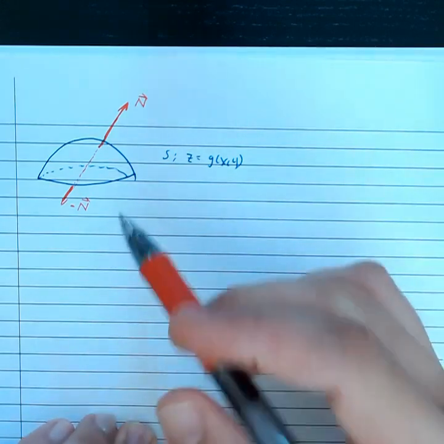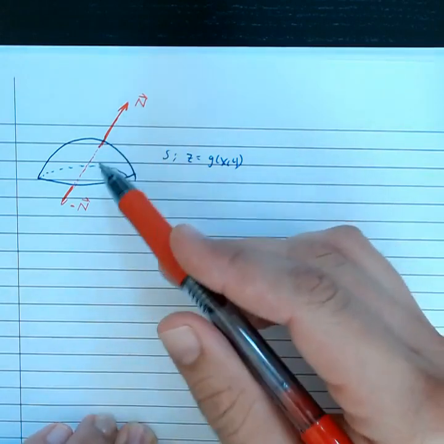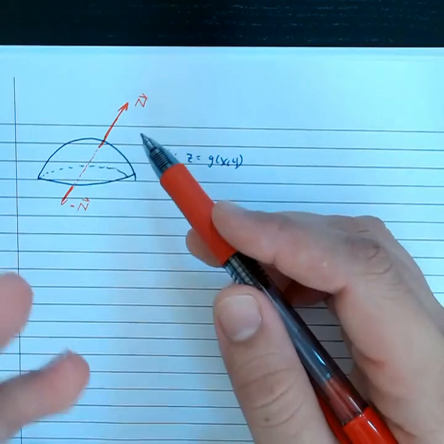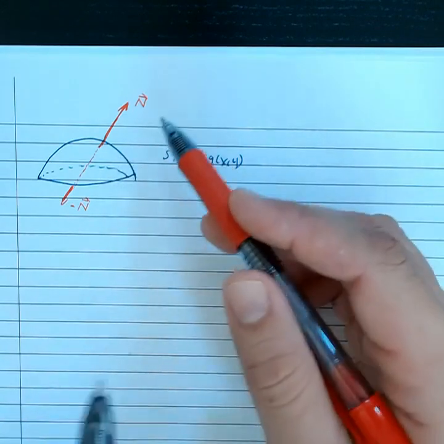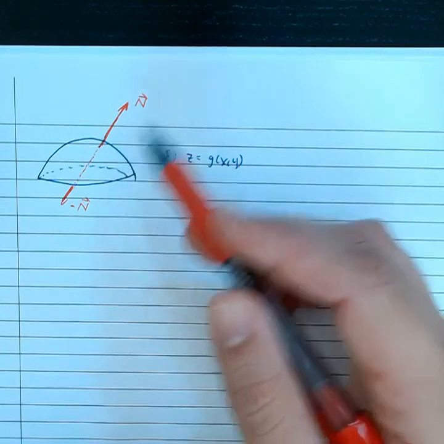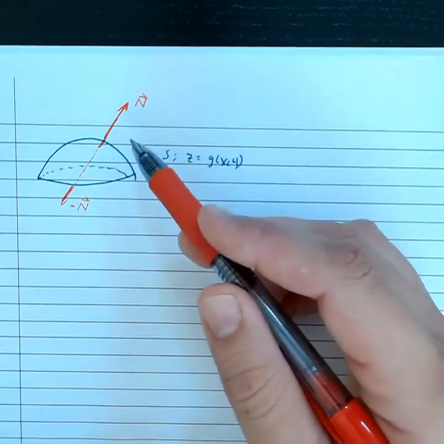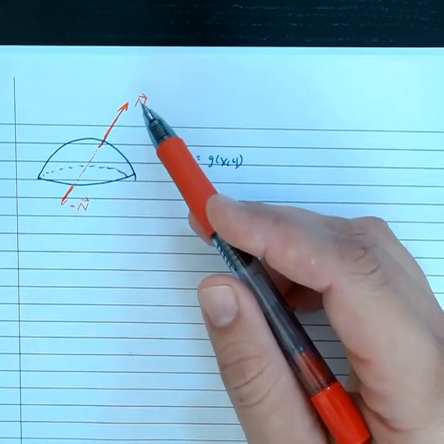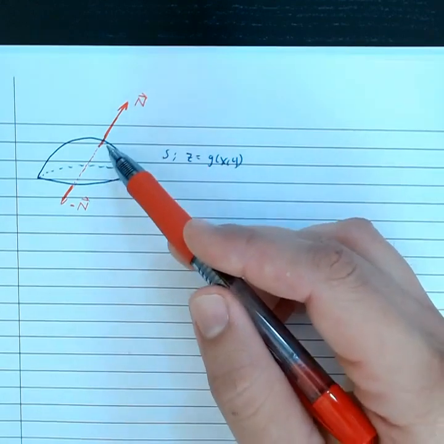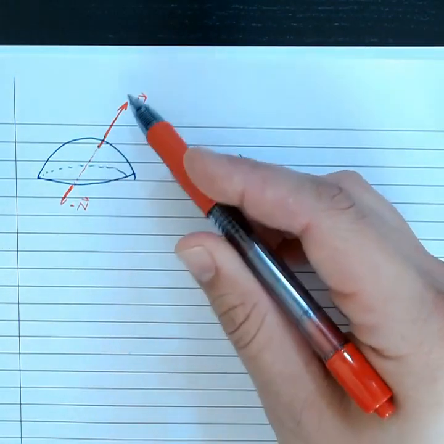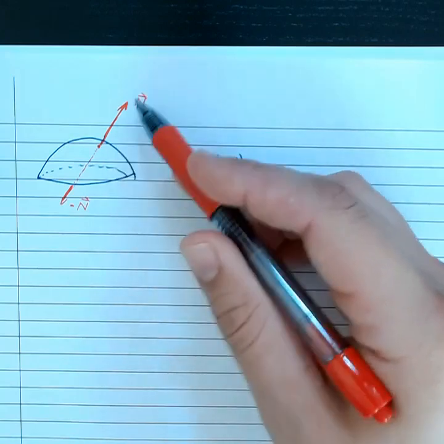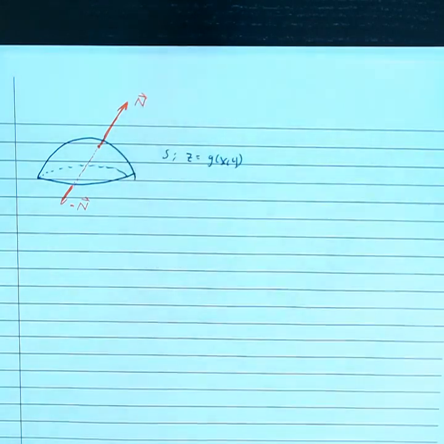Whenever you first start, you pick one direction and call that the positive direction. Some people might call that up. Some people might call that out. Some people might call that forward, or whatever. The language is imprecise, but the symbols are always the same. Here, this is going to be up to us, how we define it. So once you have one vector, that's going to be your normal vector. We're going to use that as an orienting vector.